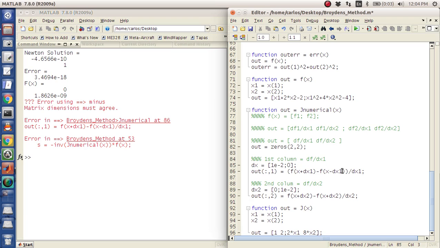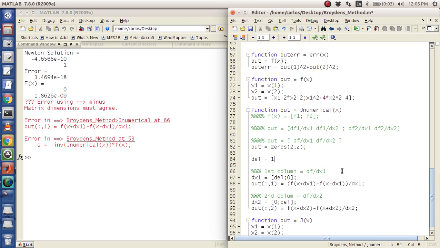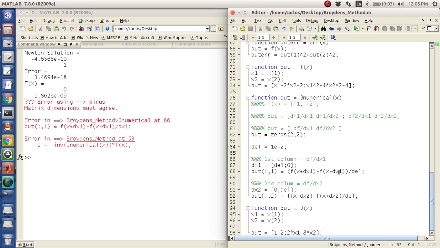Here, let's do dx1 like that, except I'm going to put a del here. And then I'm going to make del equal to 1e minus 2, and then you have to divide by del. You can't divide by a vector. There you go. So you put del in the right spot, and I need parentheses as well. Good thing I caught that. And then you divide by the scalar del here.